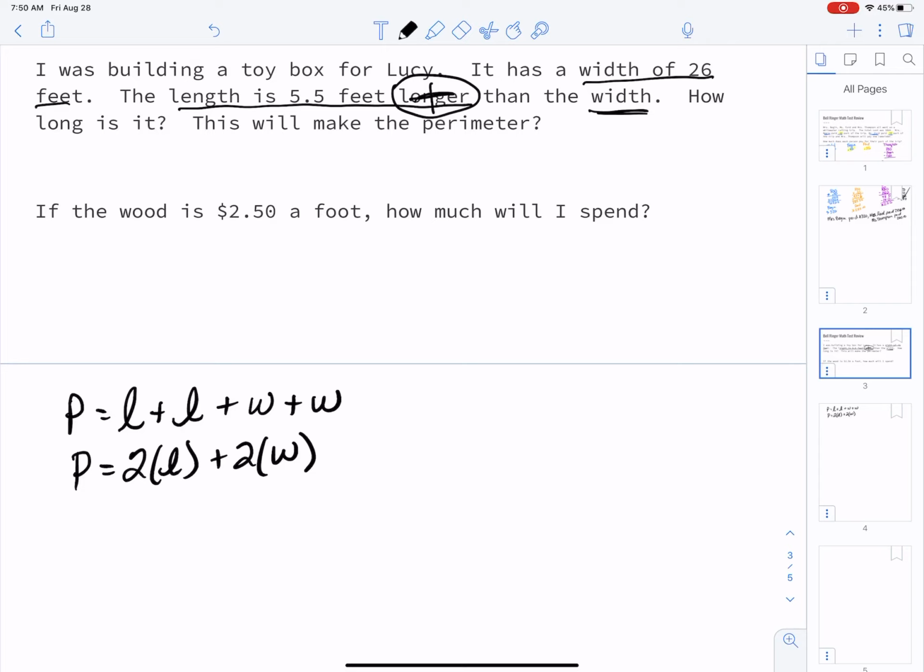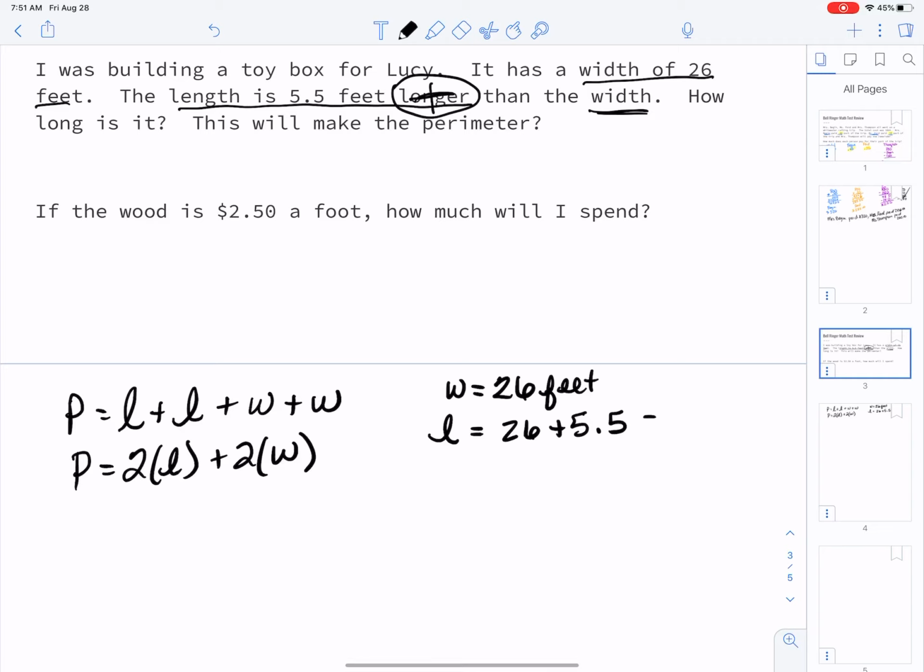But what does our piece of information tell us? The width is 26 feet. But the length is 5.5 feet longer than the width. So that'll be 26 plus 5.5.